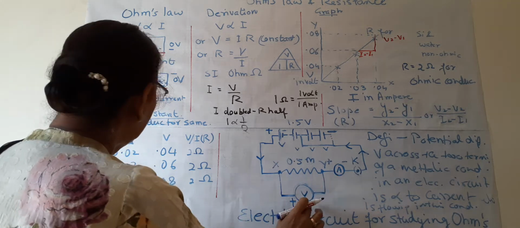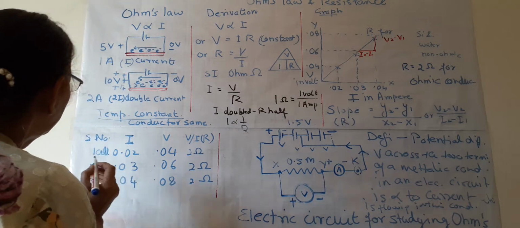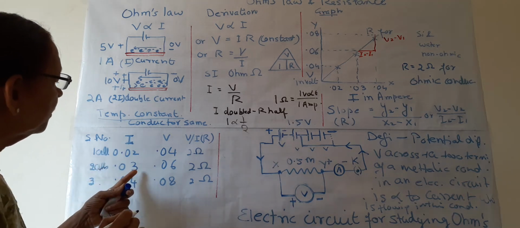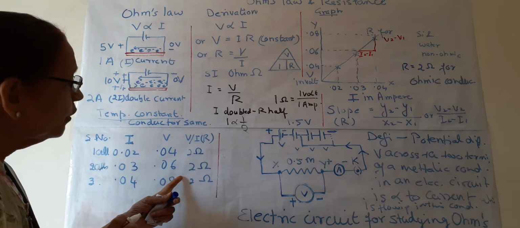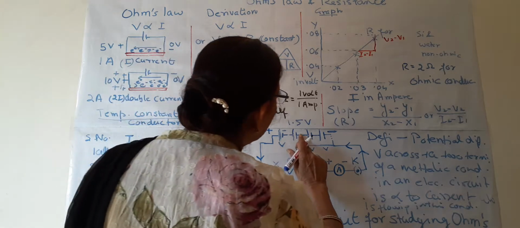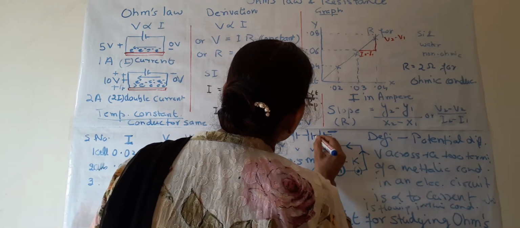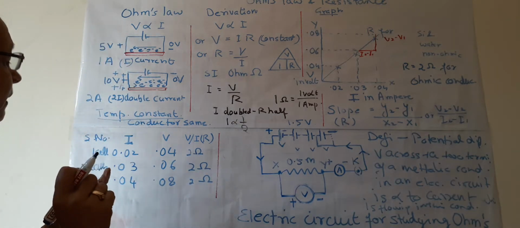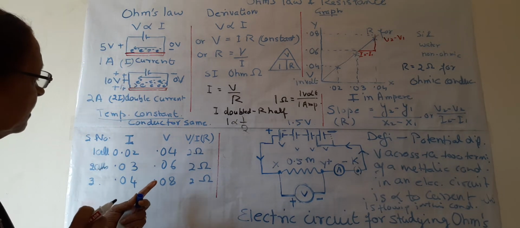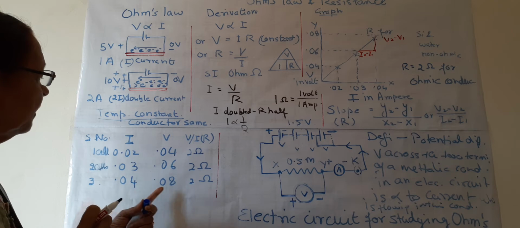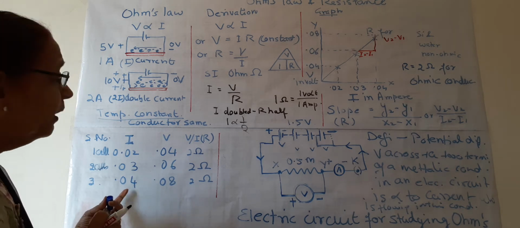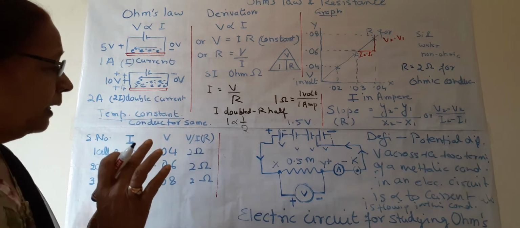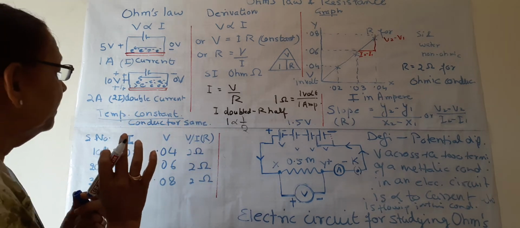Now the reading of A and V is, suppose, when two cells are joined, 0.03 and 0.06. Next, we join three cells together. When three are taken together, the potential difference is increased, and this is the reading of V and this is the reading of I.